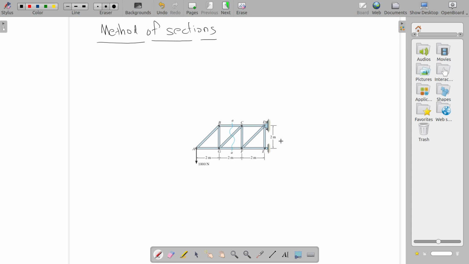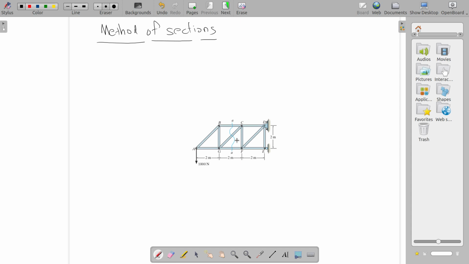You first need to take the structure as a whole, draw the free body diagram, and calculate the support reactions. After that, you solve joint by joint, first joint, second joint, etc. You solve as many joints as possible to calculate the required member force and see whether it is in tension or compression, which will be represented by its direction, or its sign.